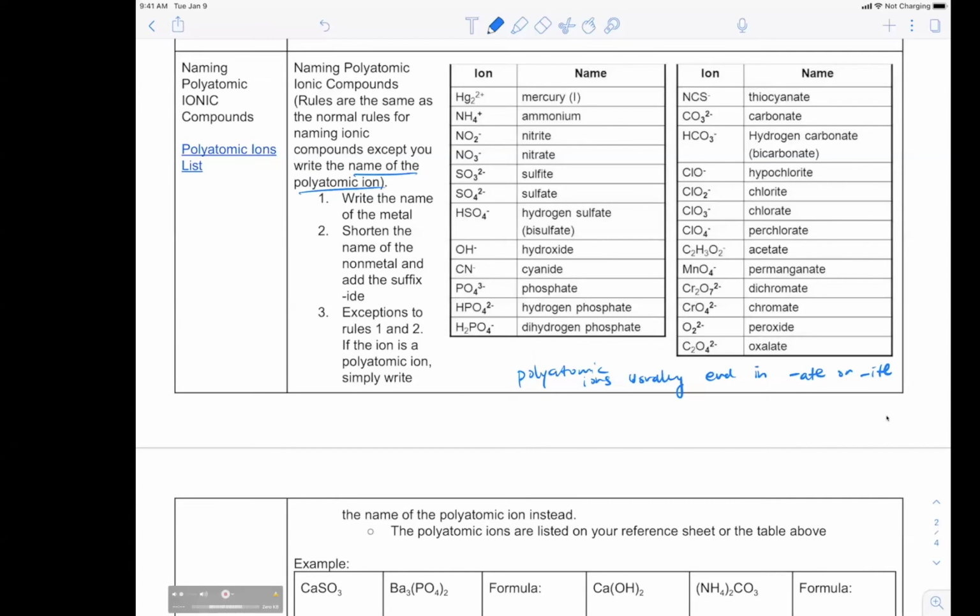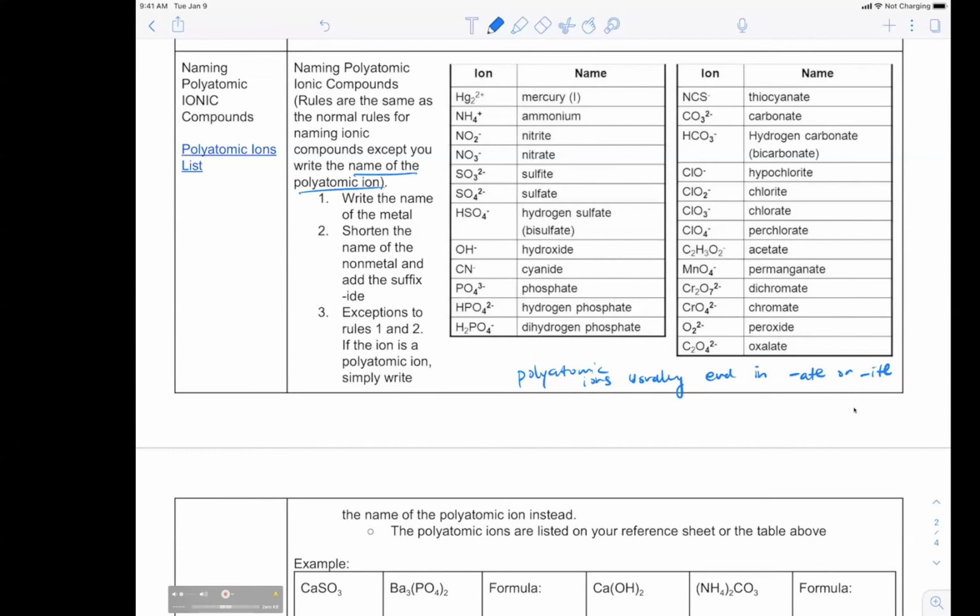Now there's obviously exceptions, right? So you see here hydroxide or cyanide, but generally speaking, they're going to end in ITE or ATE. So if you look here, nitrite, nitrate, sulfite, sulfate, phosphate, acetate, chlorate, chlorite, carbonate. Most of them end in ATE or ITE.